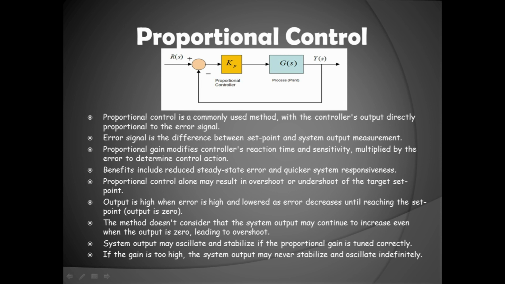So when the system output measurement gets closer and closer to the set point, the error will be decreasing. And so the system output will be decreasing because the system output equals the gain times the error. Now, this works great on paper. However, it's not that good in the physical world.